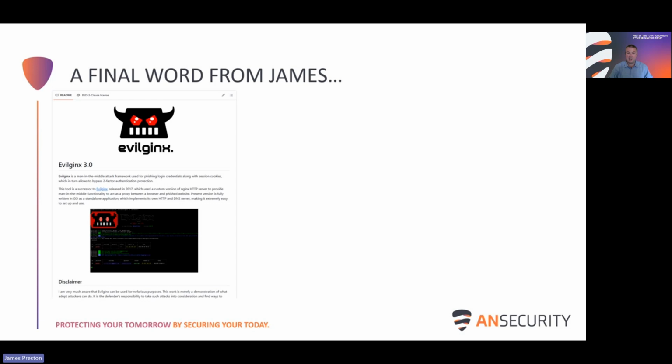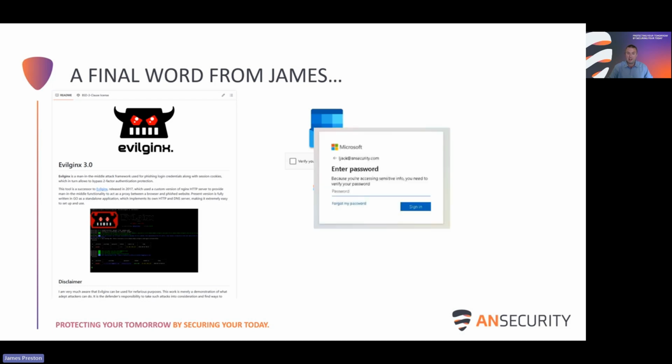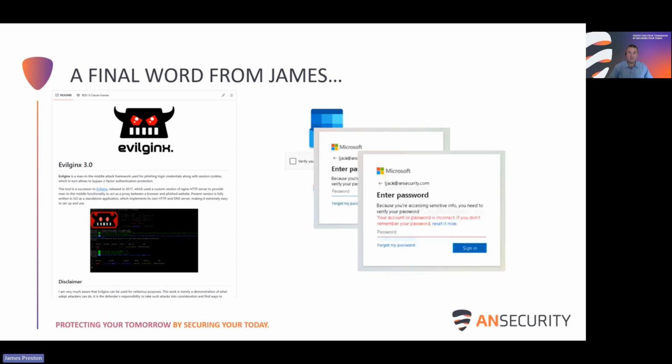Now, Evilginx, or Evil Engine X, is a platform which allows threat actors to very accurately simulate the Microsoft 365 login page, as we can see in a demonstration here provided back in 2024 when AN Security had a wave of targeting of these. Now, we effectively responded to these by having already implemented strong authentication.